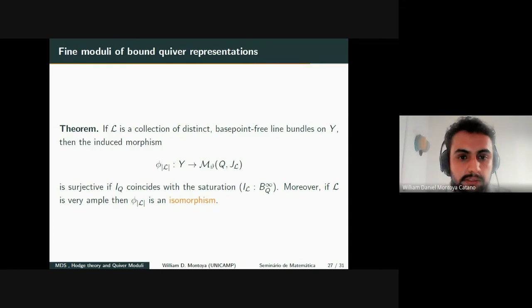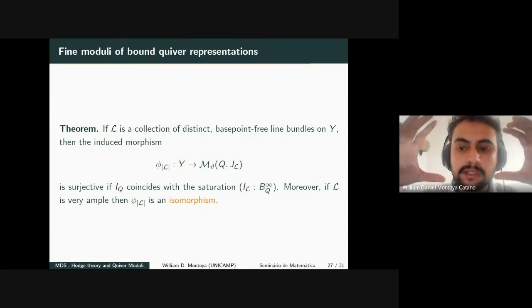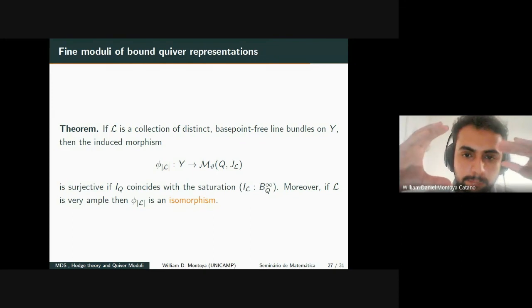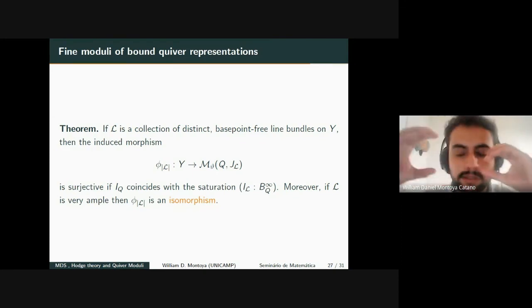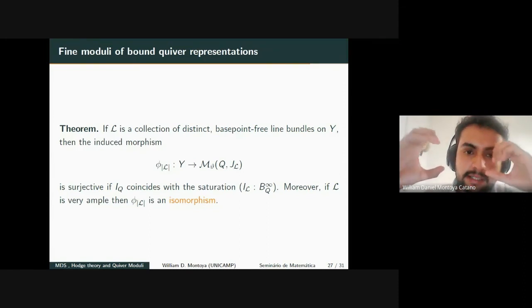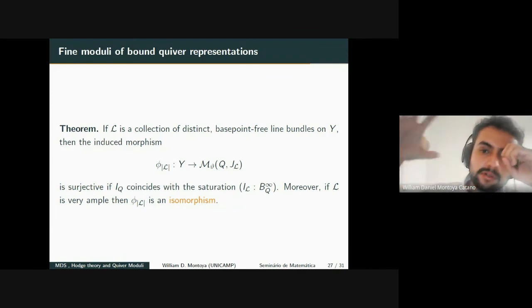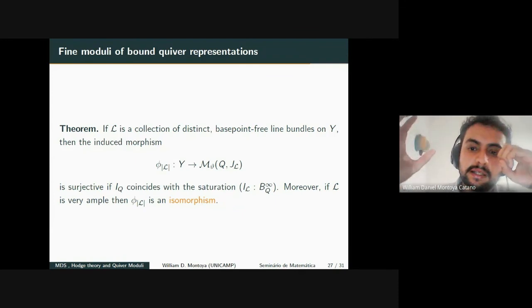Okay, so we started with a Mori dream space, and Hu and Keel were able to embed this Mori dream space in a toric variety, a projective toric variety that respects the class group. Then Crawley-Boevey and Wing somehow relate to the collection of some line bundles in the class group a quiver.